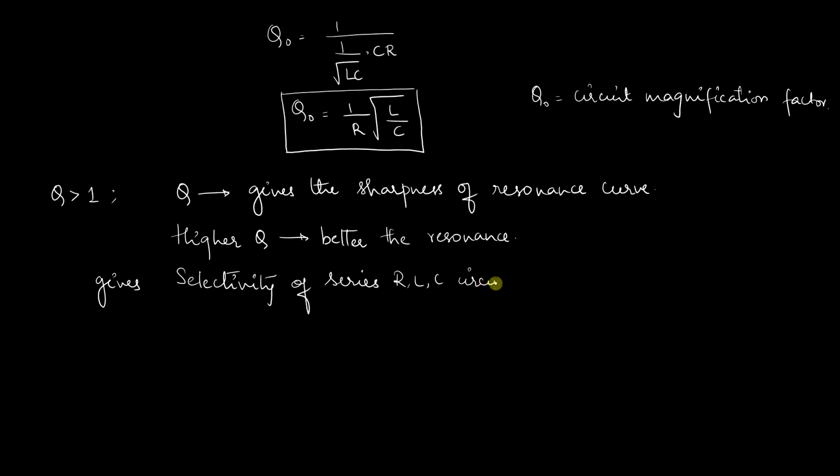What is selectivity? I will explain when we come to that topic. But remember this, there is a relationship between the quality factor and the selectivity. Now, till now I did specify what is this Q0, the circuit magnification factor. So let us look into it in much more detail.